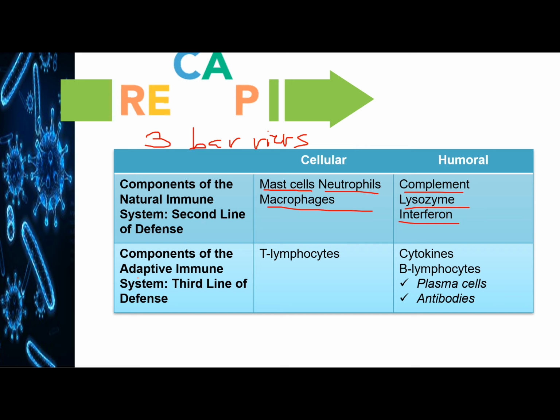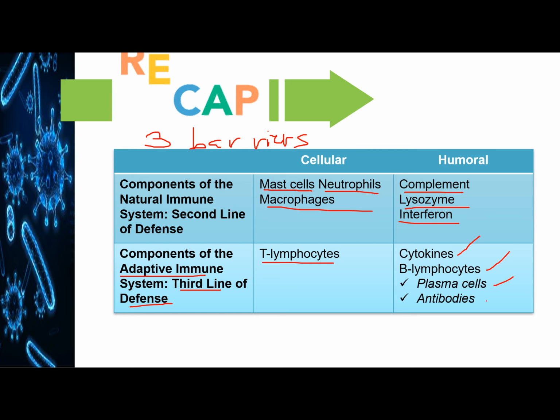And the last line of defense is our adaptive immune system. This is the third line of defense, and the cellular component includes the T lymphocytes, while the humoral components include the cytokines, the B cells, plasma cells, and antibodies. So do memorize the different components, class, of each line of defense.